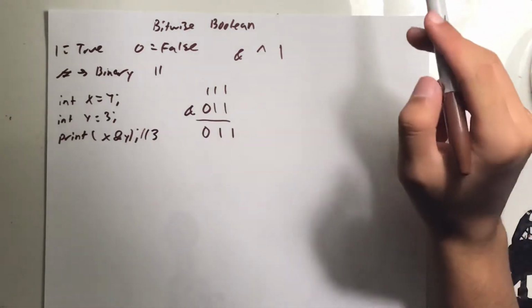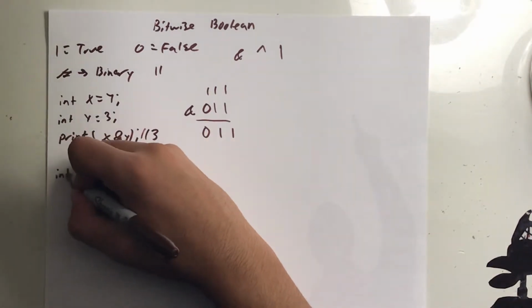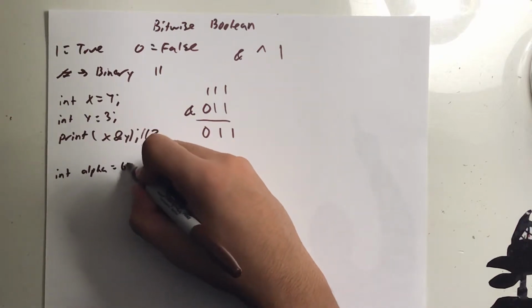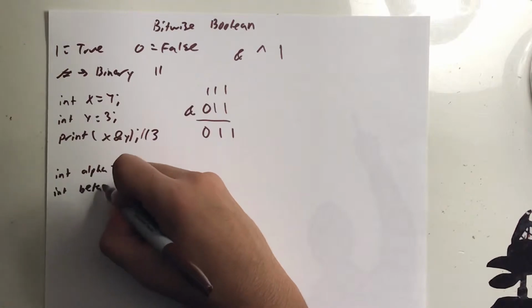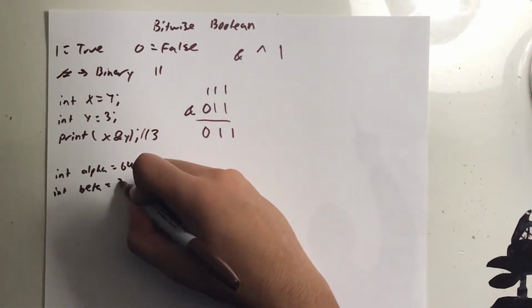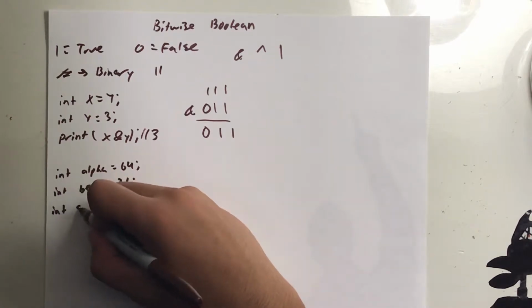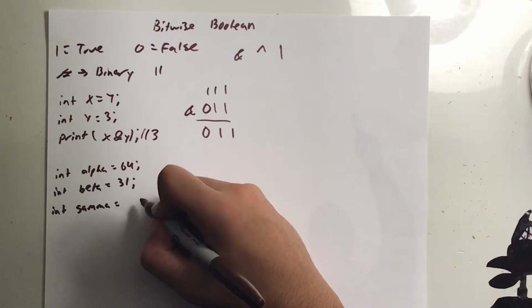Let's say, again, we had this case, and alpha equals 64, and beta equals 31, and int gamma equals 128.